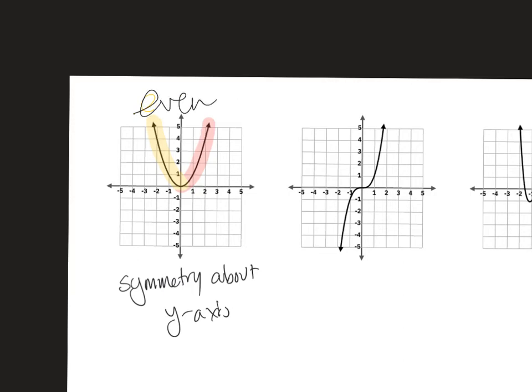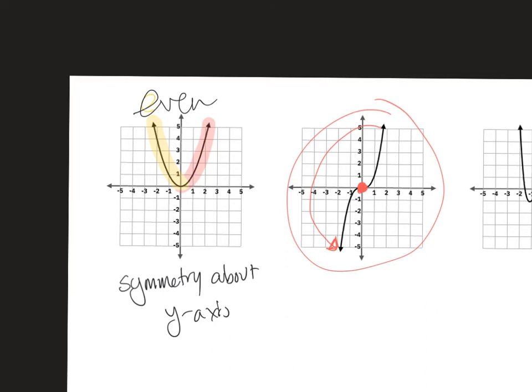Now, if you're trying to figure out if something is odd, it has to have symmetry about the origin. Meaning, if I think of this picture as being like a spinner for a game, and right here in the middle is the pivot point, could I spin this, take my finger and flick it, and have this point end up right down here and have the picture look exactly the same?